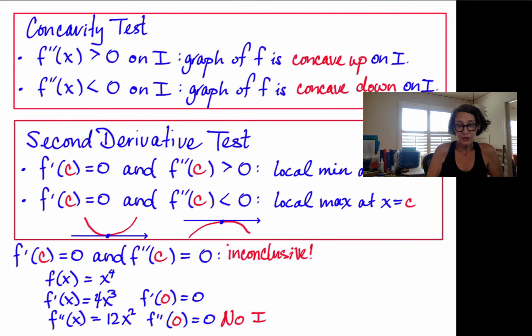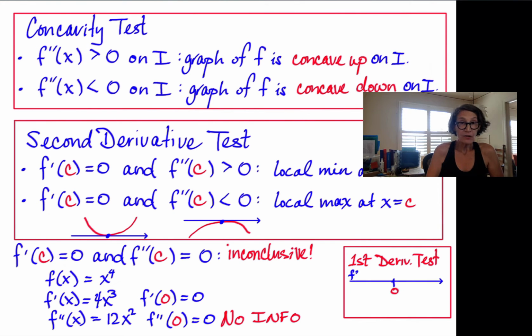But if you use the first derivative test, you just make a little sign diagram. The sign diagram for the first derivative always gives you information. So we plug in a number less than 0, like -1, plug it into the first derivative, and we get -4. So that's negative over there.